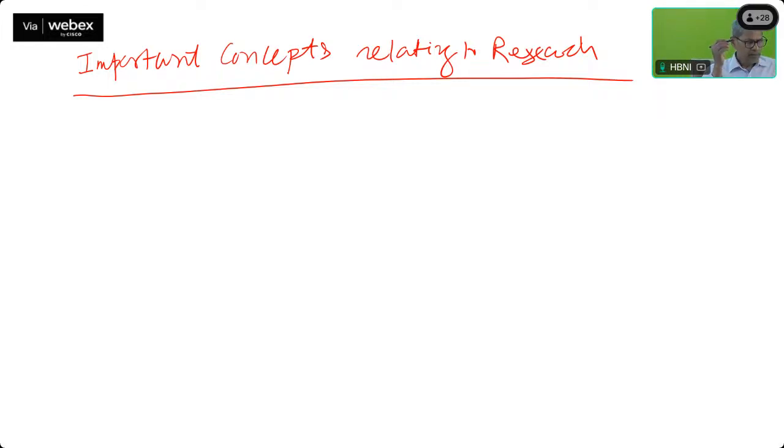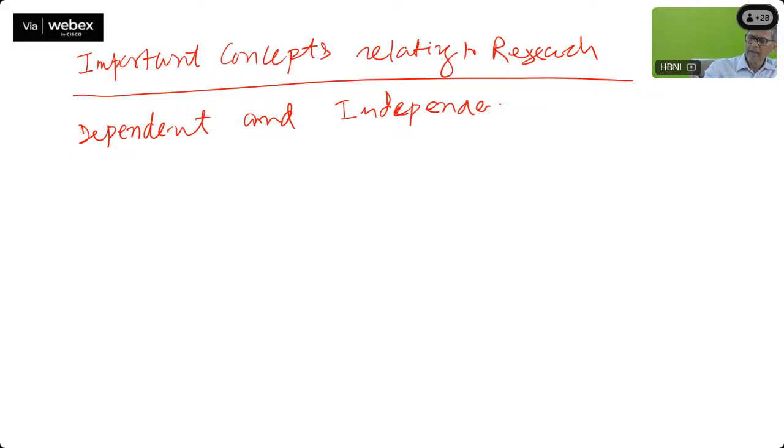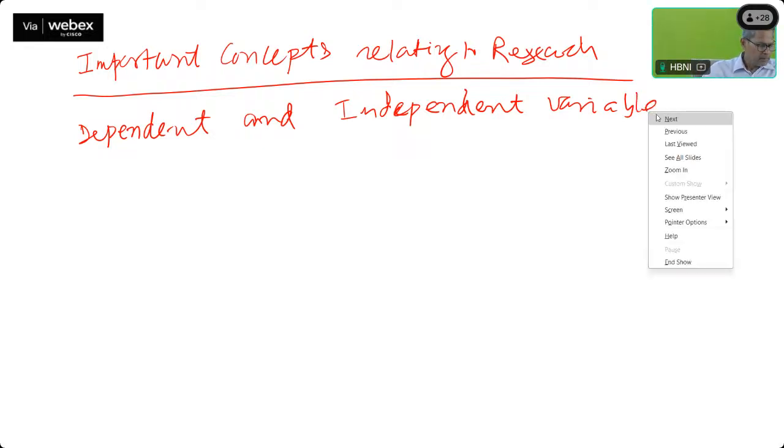There is something called dependent and independent variable. You must remember these. What is a variable? A variable is a concept like height, weight, or income, which can take different values.